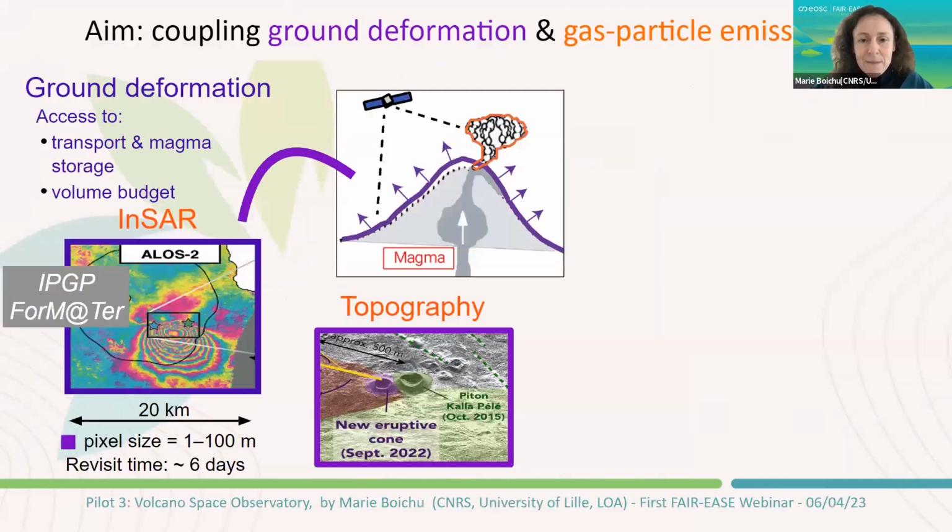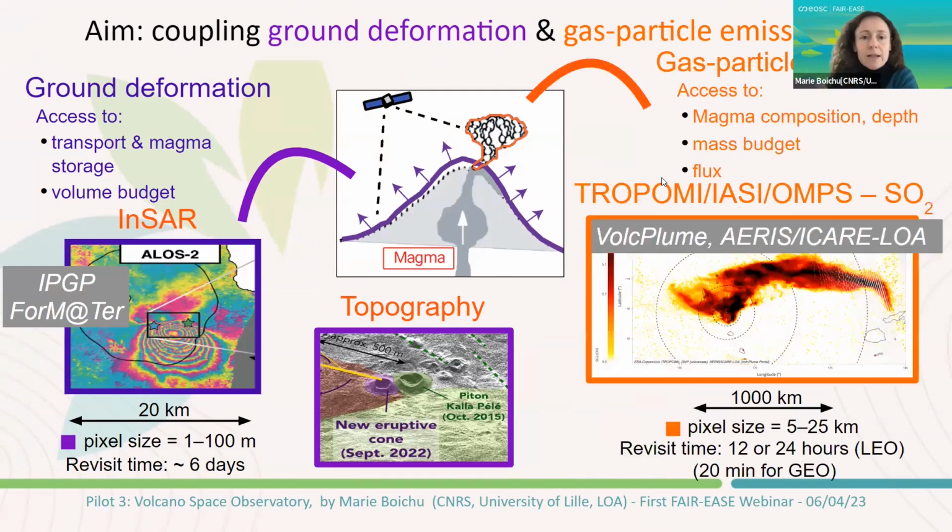Next, please. So scientifically, from remote sensing observations, we can characterize ground deformation from solid earth data, and gas and particle emissions from atmospheric data. So in violet here, you have an illustration of what we can get.